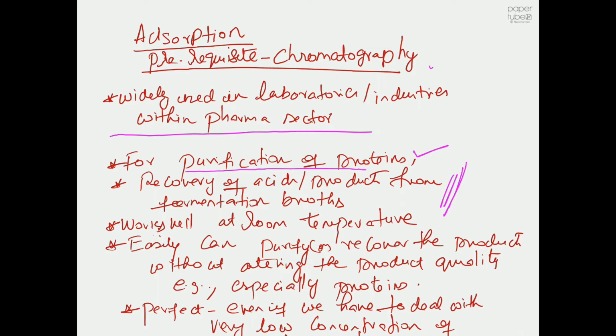As I said, it works well at room temperature, so you don't have to spend money maintaining a specific temperature for your process to move forward. Adsorption is a very spontaneous process. If you give the enough driving force required, it will happen naturally. This is one of the advantages of adsorption.